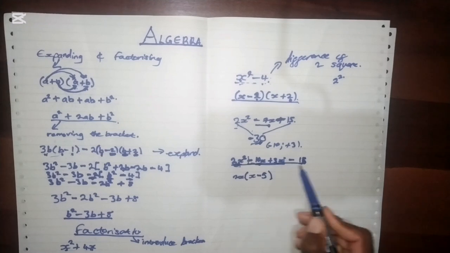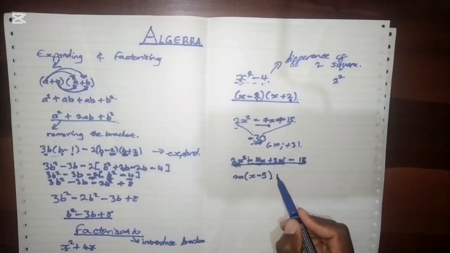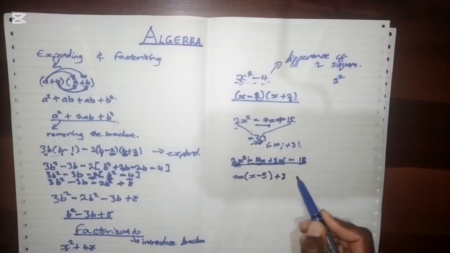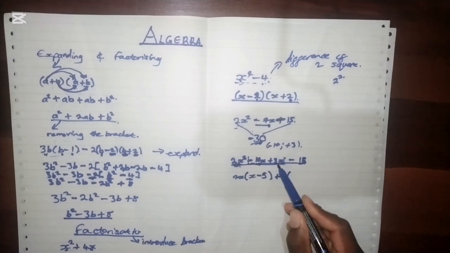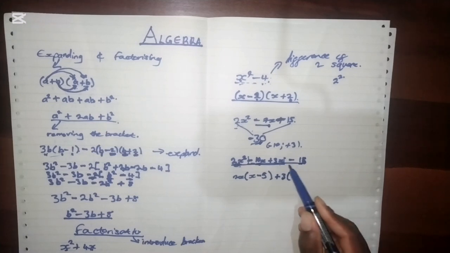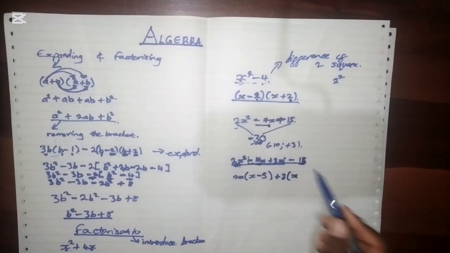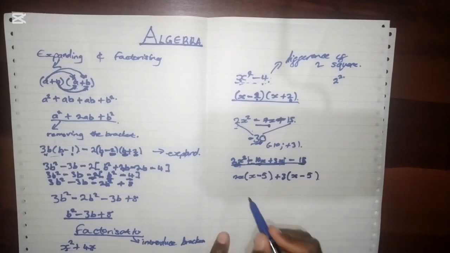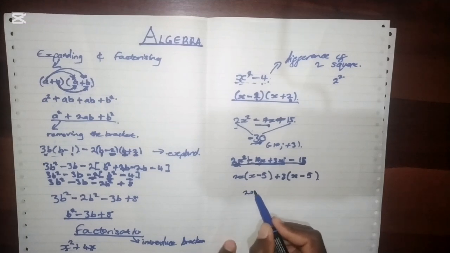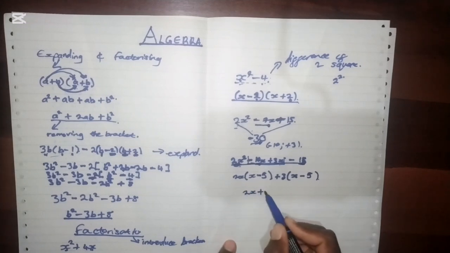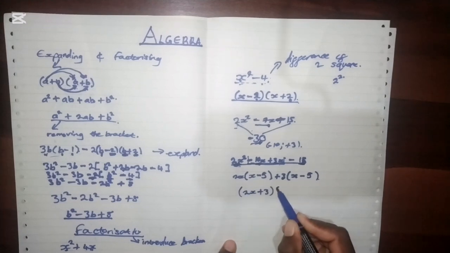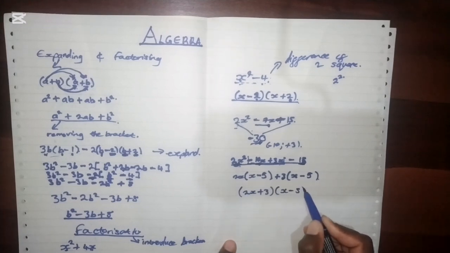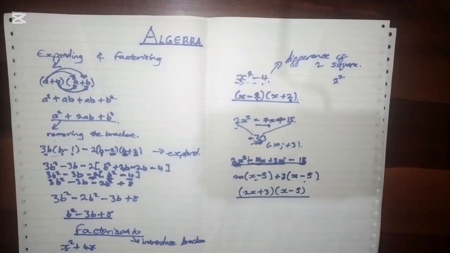And then between 3x and 15, positive 3 is common. If we factor out positive 3 there, we're left with x, and from 15, we're left with negative 5. Now you write it simply as (2x plus 3) factor of (x minus 5), because it's just the same thing. That's how you factorize that one.